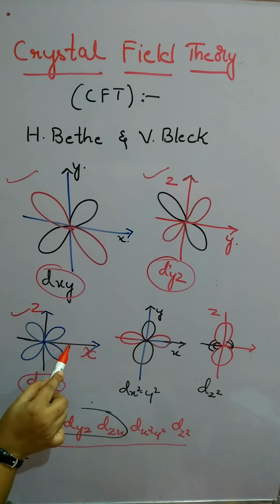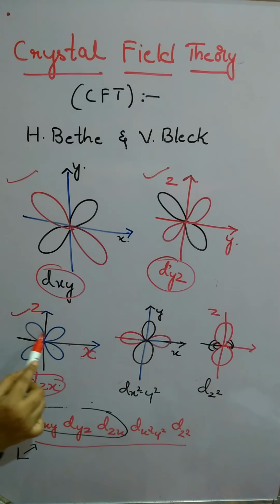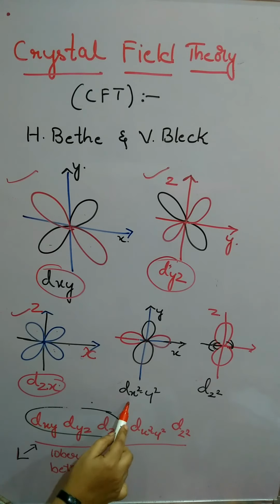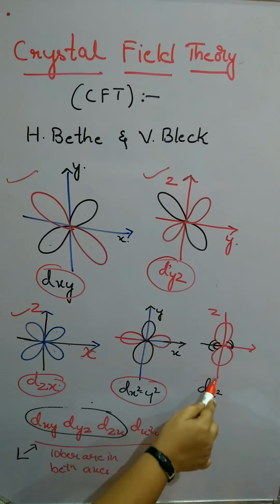This is the x-axis and this is the z-axis. The lobes are present in between the axes. Here also the lobes are in between the axes. So we can write: lobes are present in between the axes. What about dx square minus y square and dz square?